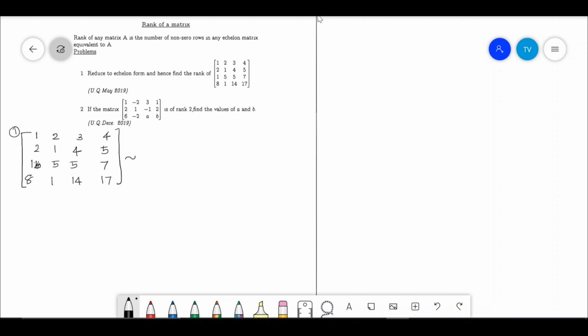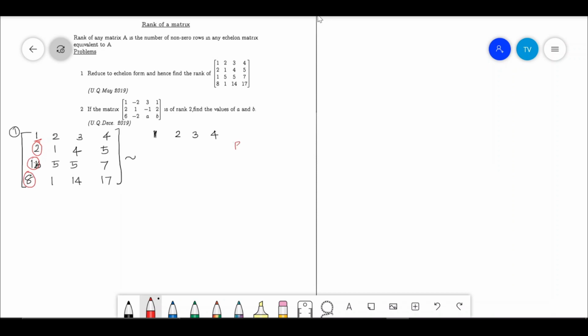To convert this to echelon form, let me keep the first row as it is. 1, 2, 3, 4 needs no change. Now remember the properties of an echelon matrix: we have to make every element below the pivot element equal to 0. The first pivot element is 1. The first non-zero entry of the first row is the first pivot element, and we have to make every element below it equal to 0 by using suitable row transformations.